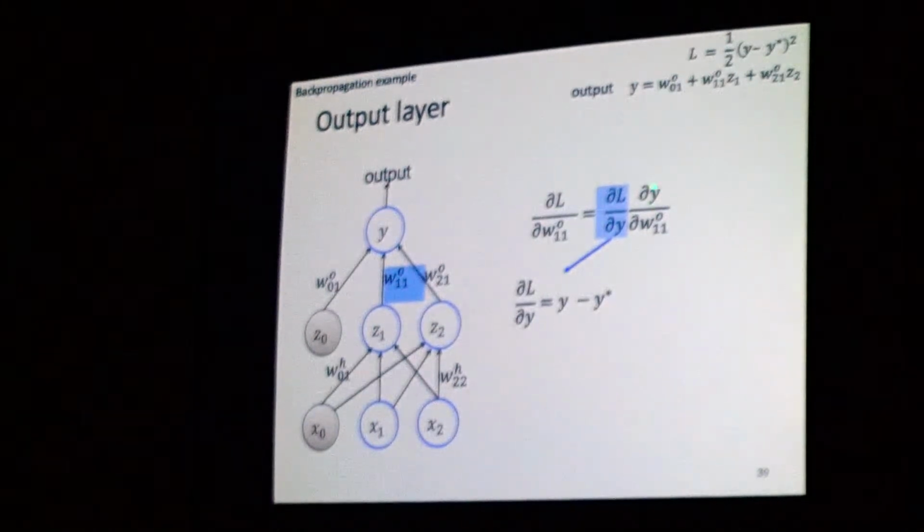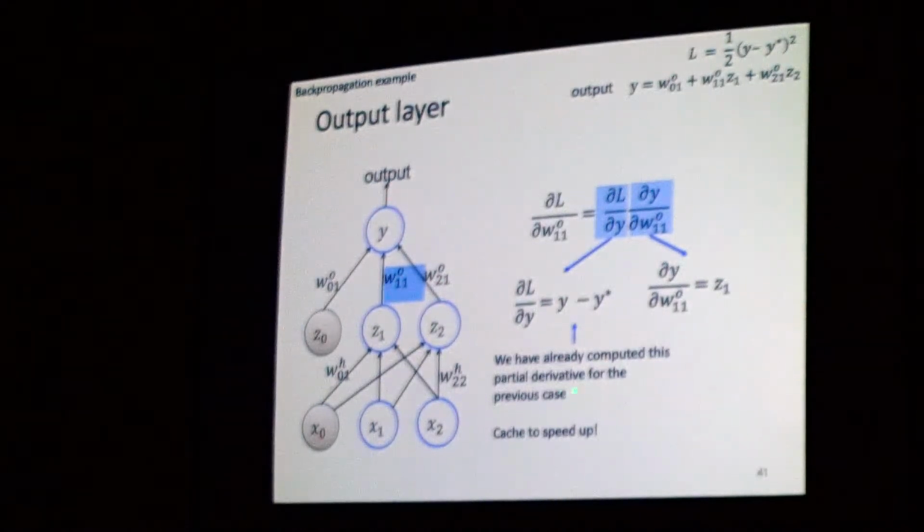And then what is partial y over partial W11O? Z1 here, right? D1. Remember, y is a linear combination of the hidden neurons, so it's D1. Now you just multiply them together and you get the second partial derivative.